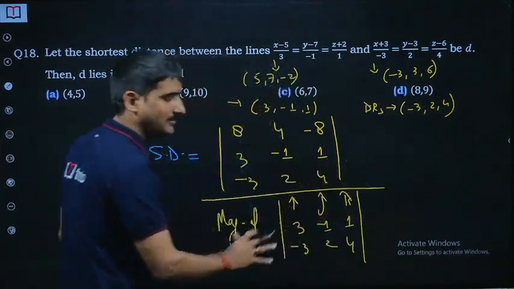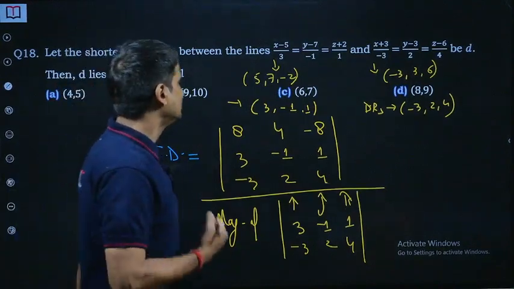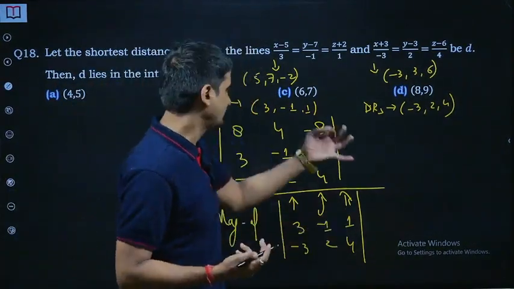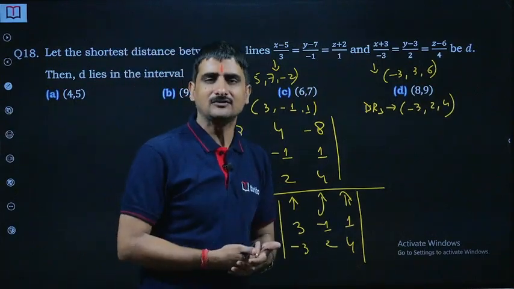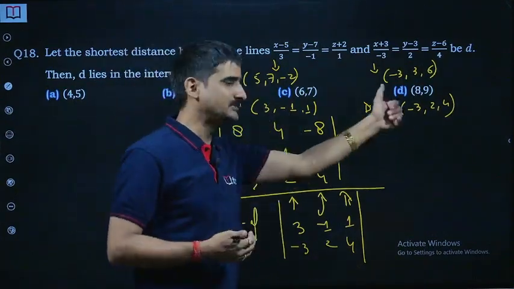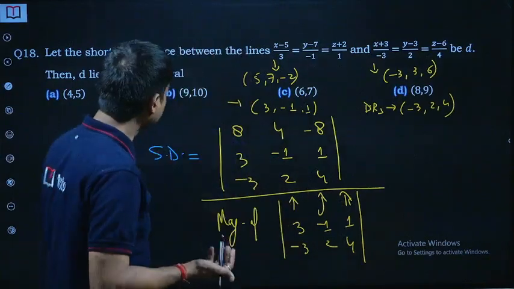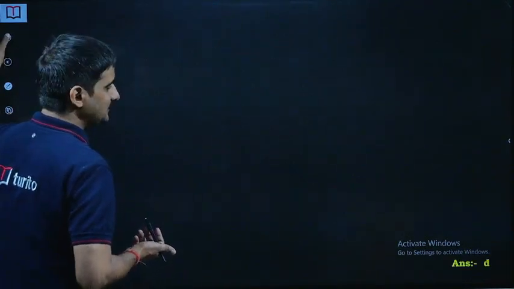You just evaluate it and you get D. Whether D is 6.5 or 6.23 or 8 point something, that's the answer. So accordingly you can complete it and check the answer.